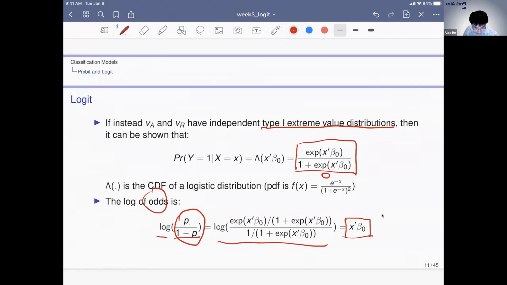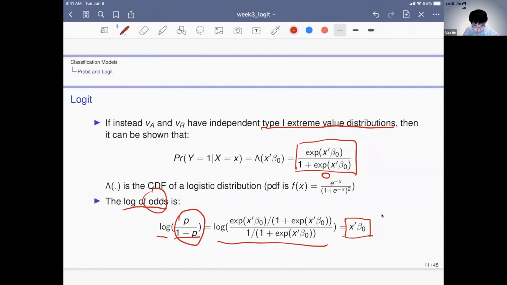So what this is saying is that for logit, if you take the log of the odds ratio, it goes all the way back to linear regression again. This is useful for talking about how we interpret this beta, and we'll talk more about that later.